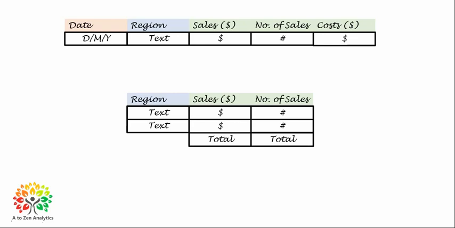There is also the option to see totals across both regions, which is shown in the image as the bottom row. This total may make sense in this example, but you could also see a total across the rows, which would be the sum of sales dollar value and number of sales, which would not make sense. For this reason, you may need to make some decisions around which totals appear, but I can cover that off later.